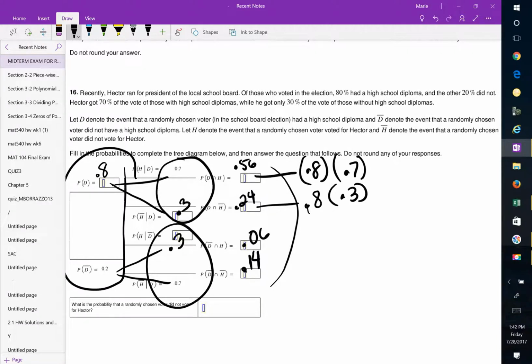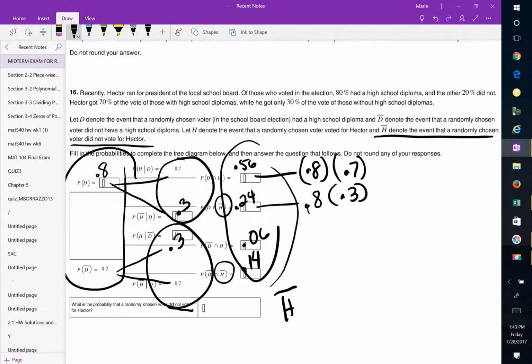Now, the bottom part says, what is the probability that a randomly chosen voter did not vote for Hector? So not Hector is implied by the bar on top of the H. And you see that here, they tell you that. This person did not vote for Hector. So I'm looking for anything with an H bar on it in this column. So now I'm focusing here to answer this part of the question.